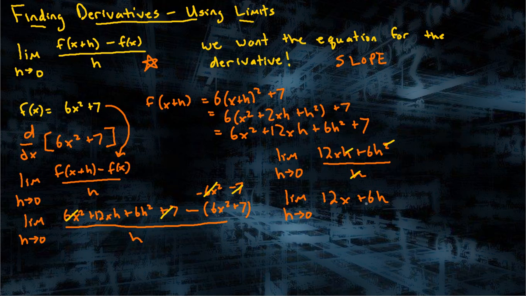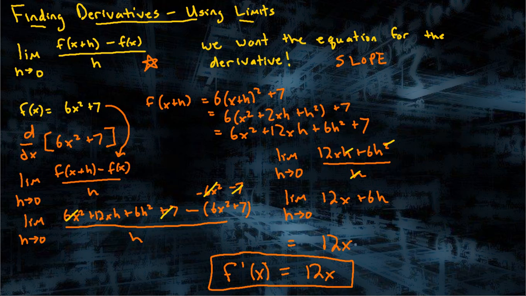h approaches 0, so now I can actually put the 0 in, and I'm going to get 12x. So I would say f prime of x is 12x. That's my derivative of the function.